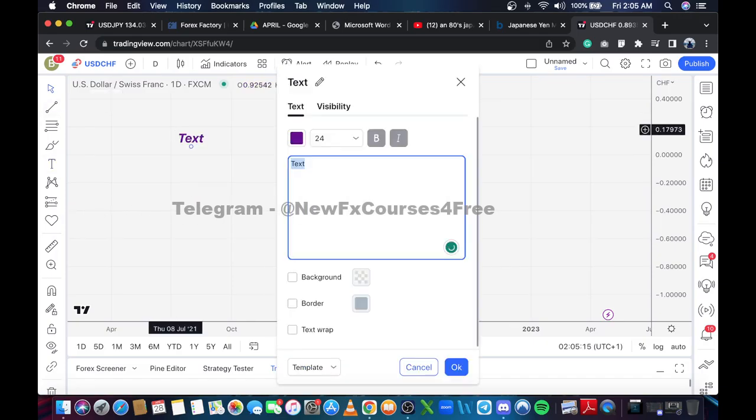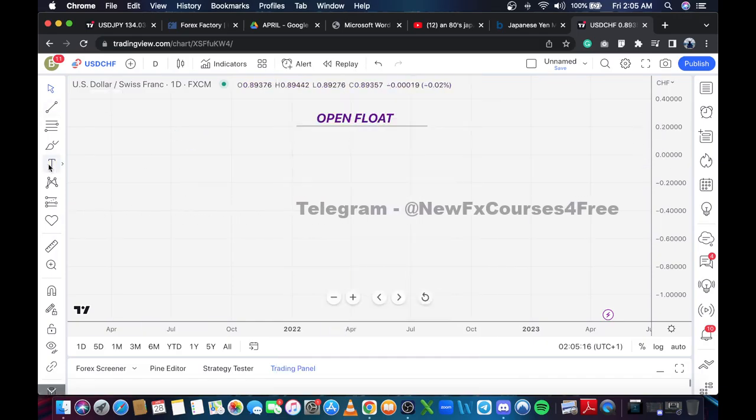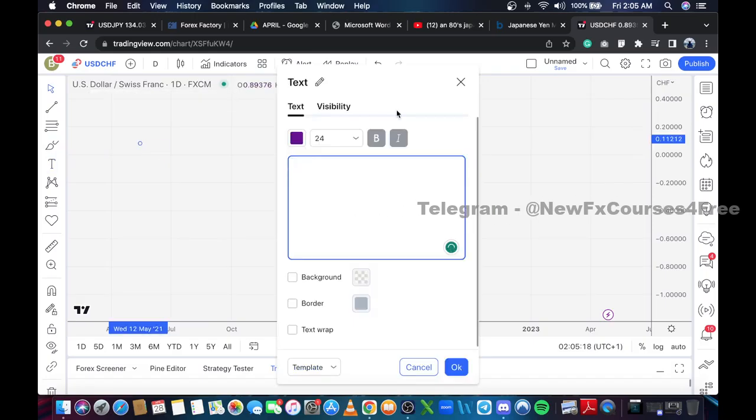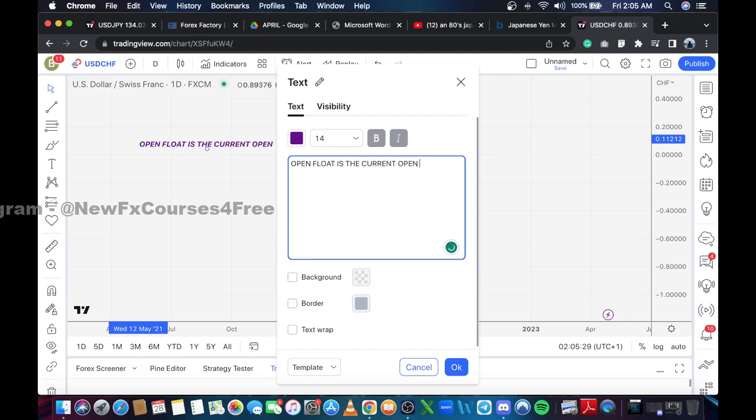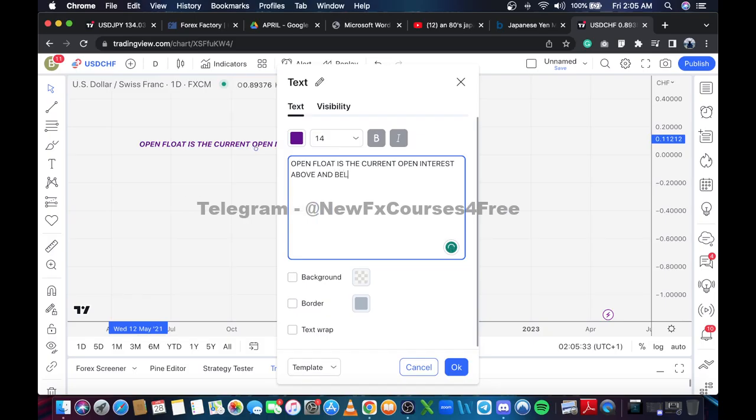So it is defined: open float is the current open interest above and below market price. Okay, so when I say market price, I mean current market price.